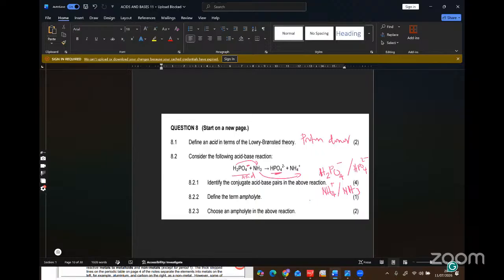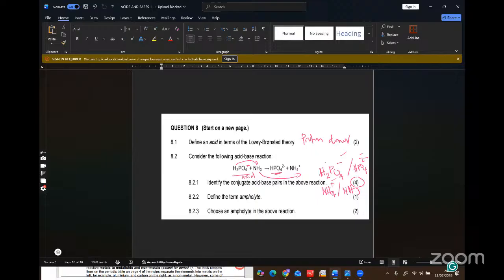So these are the pairs, acid and its conjugate base. This is an acid because it's capable of donating hydrogen, and whatever is left is the conjugate base. So these are the two. Remember the marks indicated there is 4. So I think this one will be 1, 2, and this will be 3, 4.